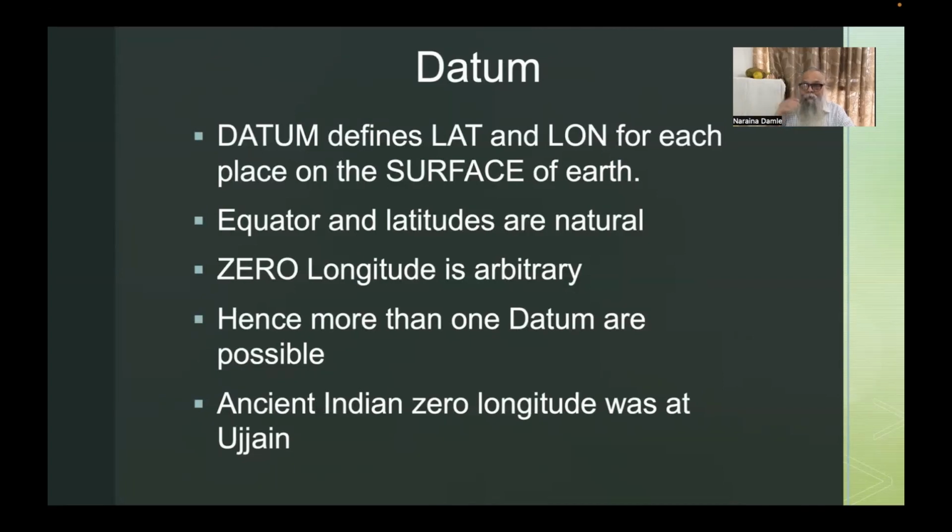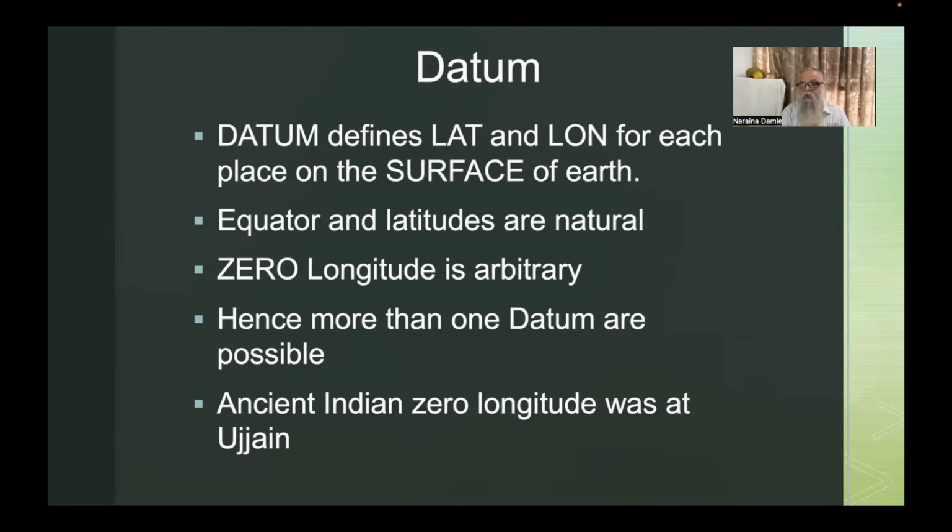Even earlier map makers and surveyors, by doing survey, they would decide precise latitude, longitude locations of different places. So the precise latitude and longitude of a particular place, my place, is decided by what? It is decided by the datum, because I can have a zero longitude at any place.